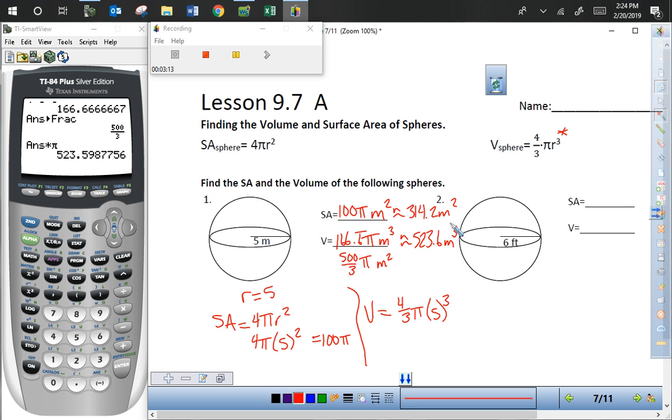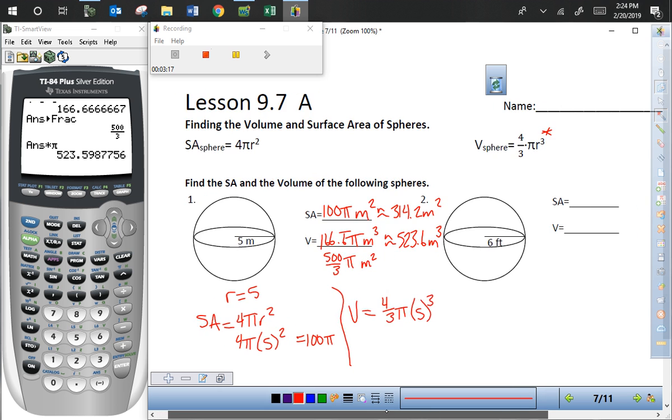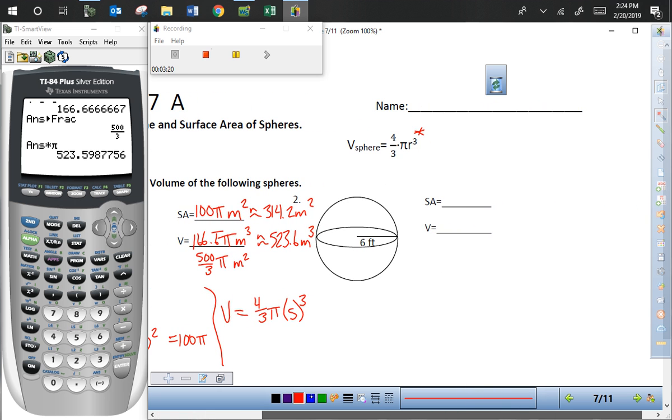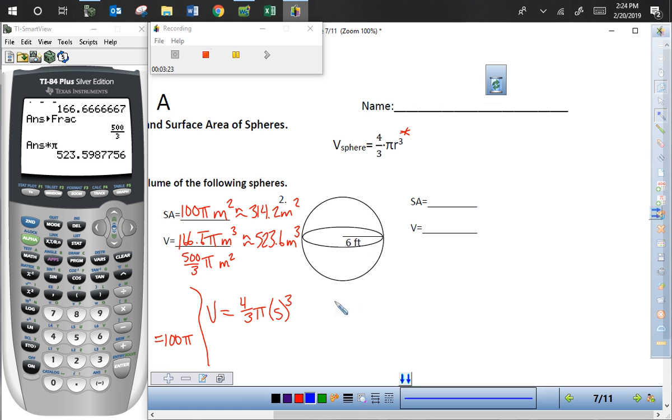Looking at the second one. Again, all we need for these formulas is the radius. We're given the radius here is 6. So surface area is 4 pi r squared. That looks like 4 pi times 6 squared.